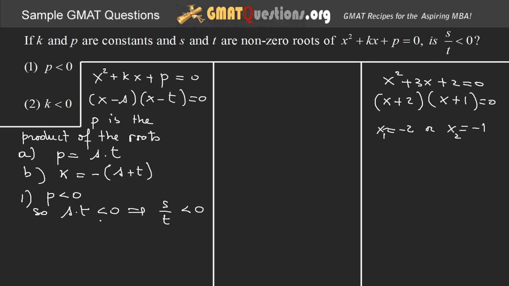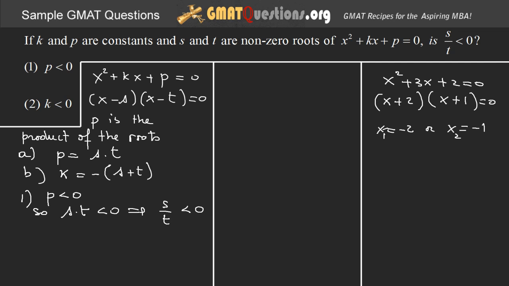The product and the quotient of two numbers have the same sign. If st is negative, s over t will be negative. If s times t is positive, s over t is going to be positive.